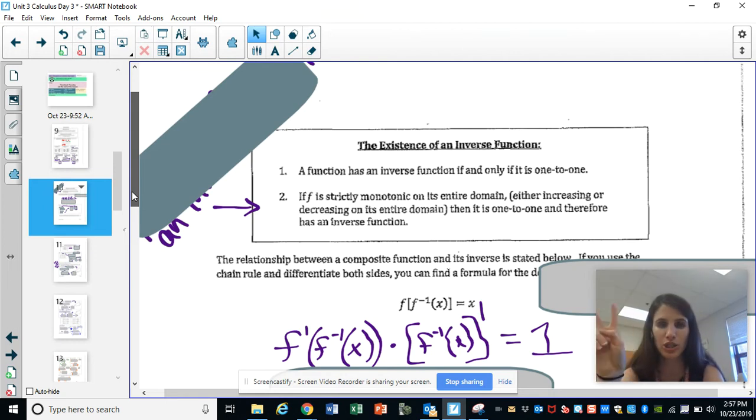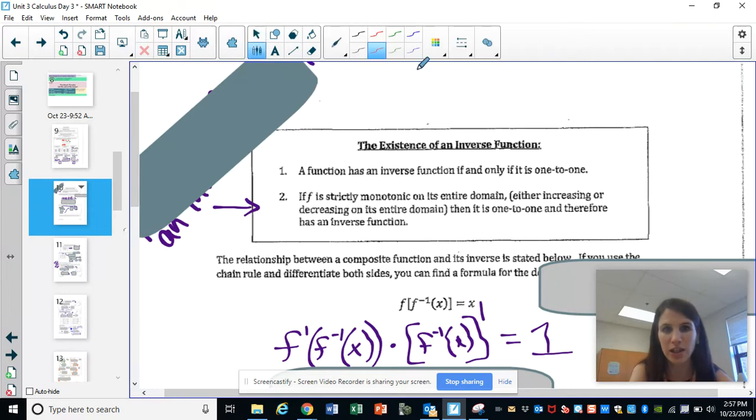All right, so number 2 is saying if f is strictly monotonic on its entire domain, meaning either it's increasing or decreasing on its entire domain, then it is 1-to-1 and therefore has an inverse function. Okay, now I want you to underline a part here. Let's underline either increasing or decreasing on its entire domain.